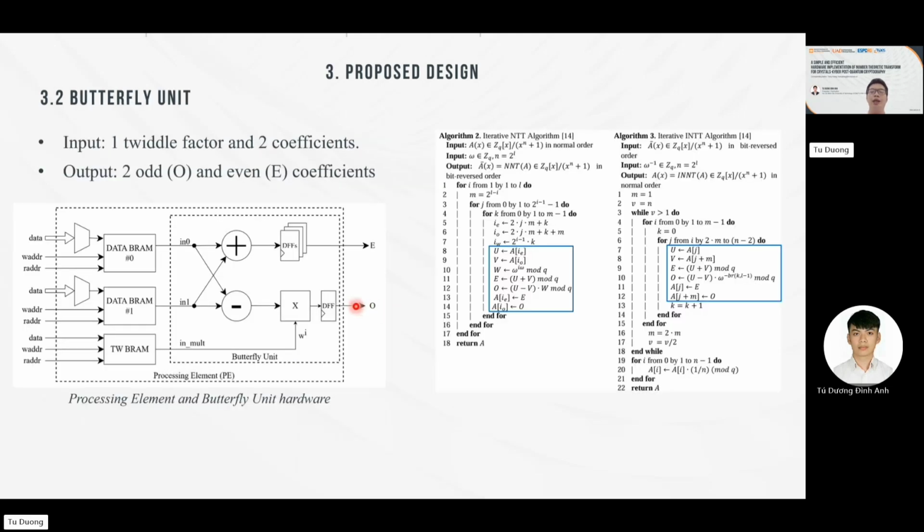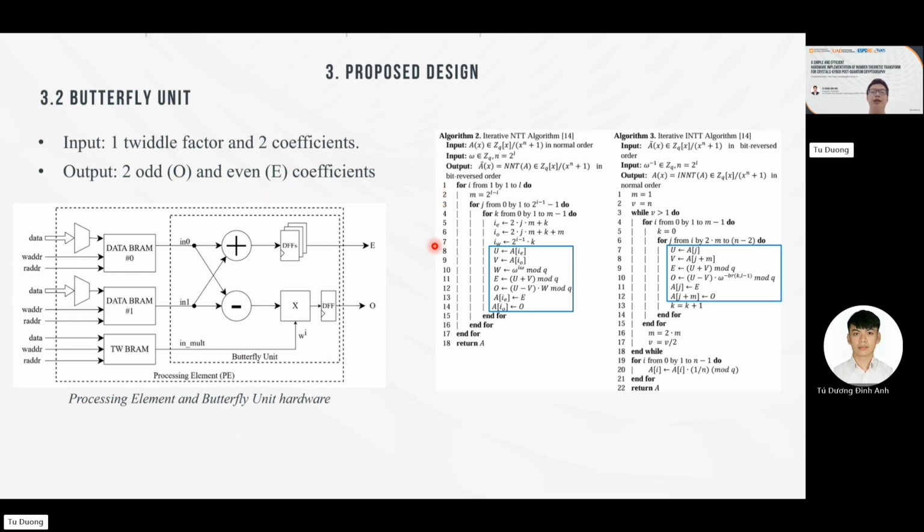After we implement the modulo multiplier, we will use it here to implement the butterfly unit. The butterfly unit is the main processing element for the NTT and inverse NTT operation. It takes one twiddle factor and two input coefficients and generates two output coefficients, one for the odd index and one for the even index.